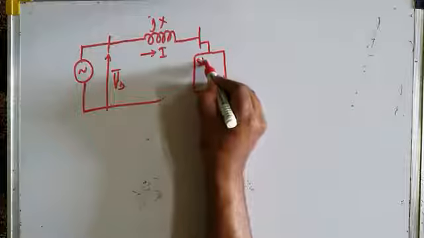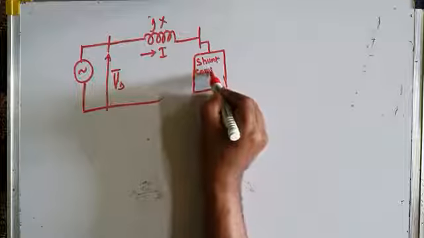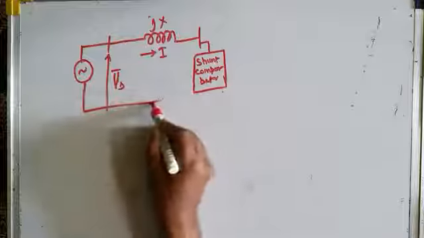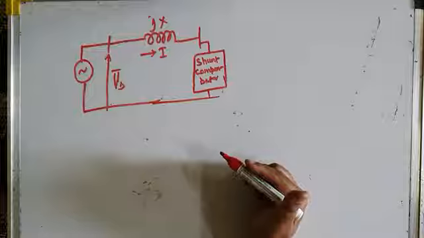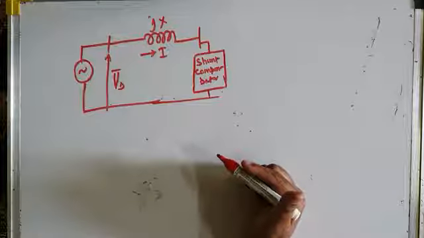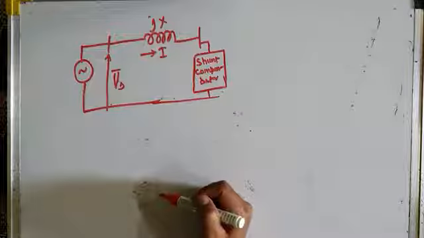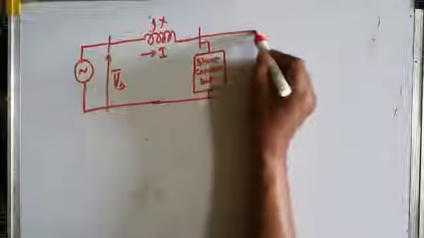This is the shunt compensator. It may be a capacitor bank if it is passive compensation, or it may be an SVC, static var compensator, or StatCom if it is active shunt compensation using FACTS devices. It depends. And then this is your load.